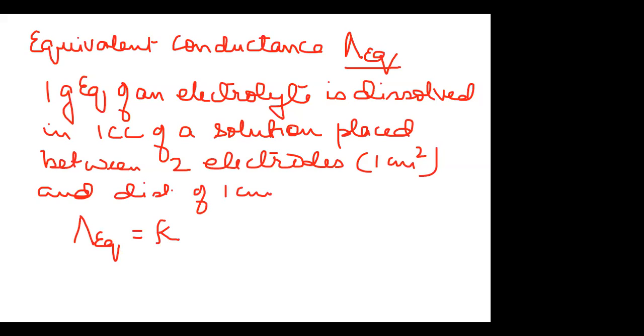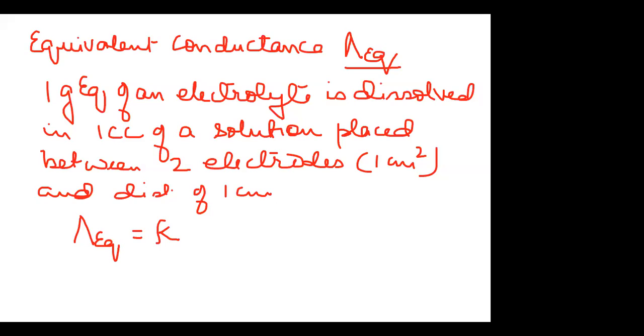So in this case, we can very well understand that if it is possible to dissolve 1 gram equivalent of an electrolyte in 1 cc of water and place it between the two electrodes, each having a cross-sectional area of 1 centimeter square and away from each other by 1 centimeter, then the equivalent conductance will equal kappa.